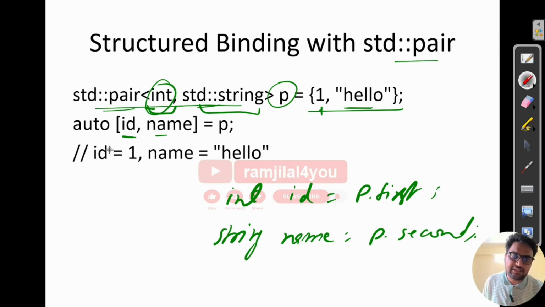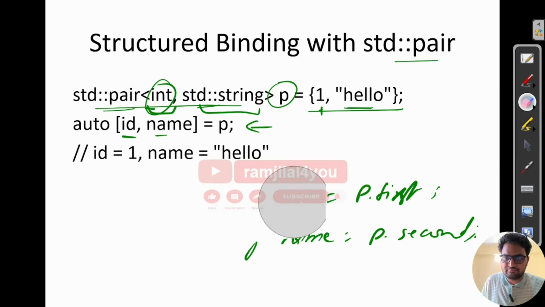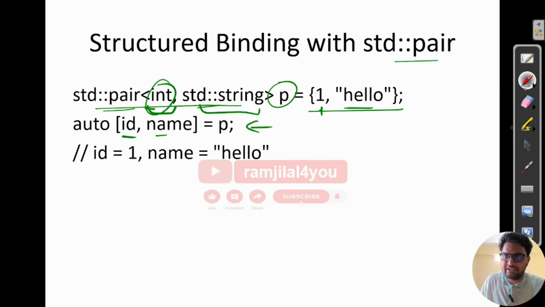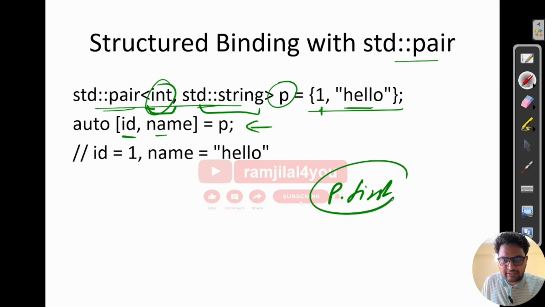But if we use structured binding, then we can combine all these statements into a single line with simple syntax. So this is how we do it. Now with structured binding, what will happen? This p.first will get copied to the id.